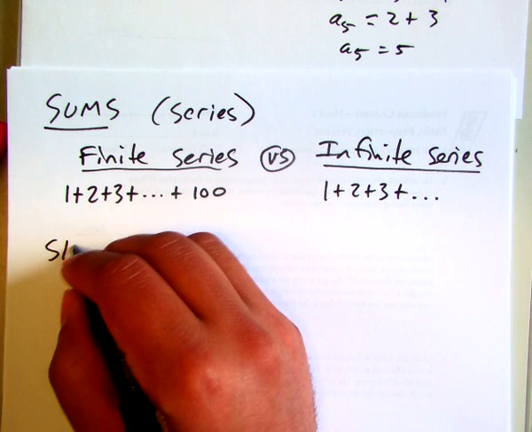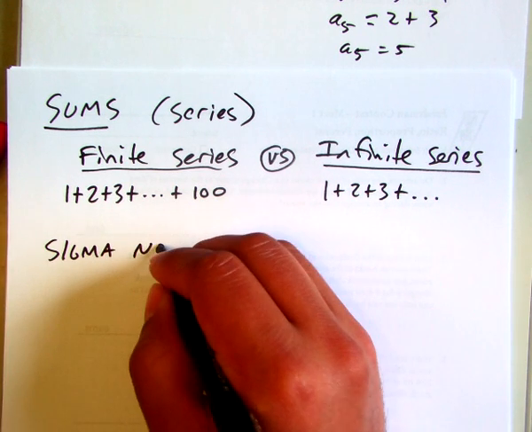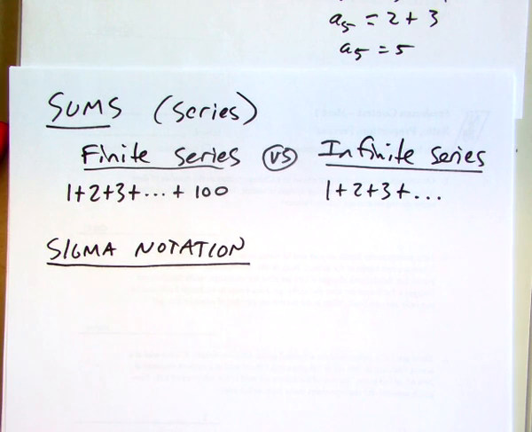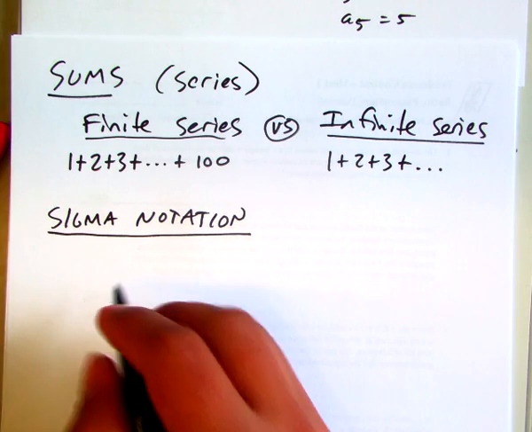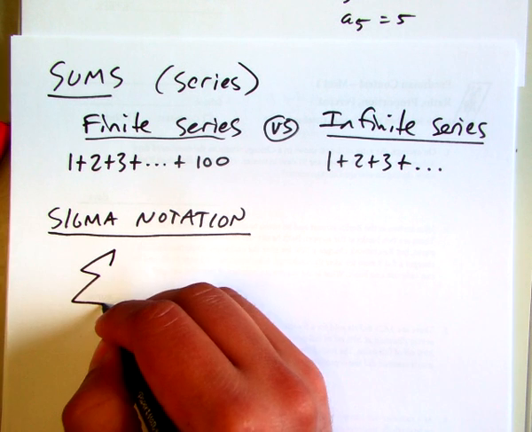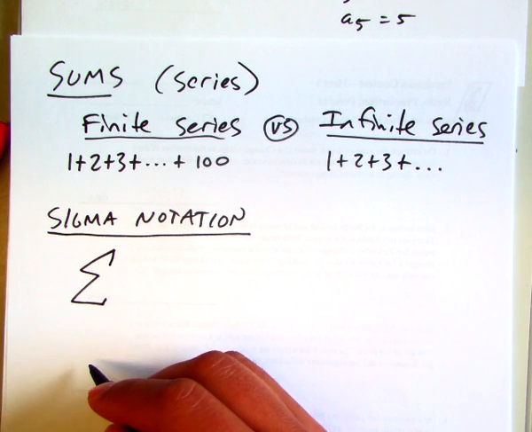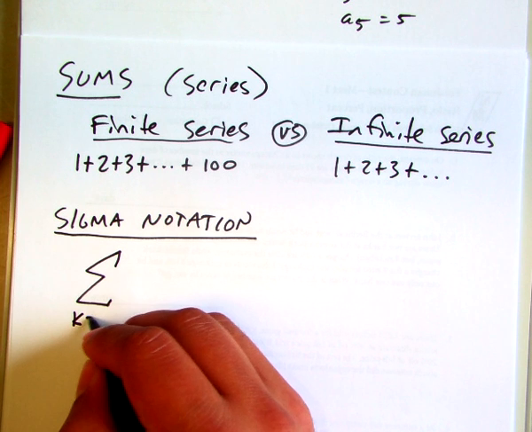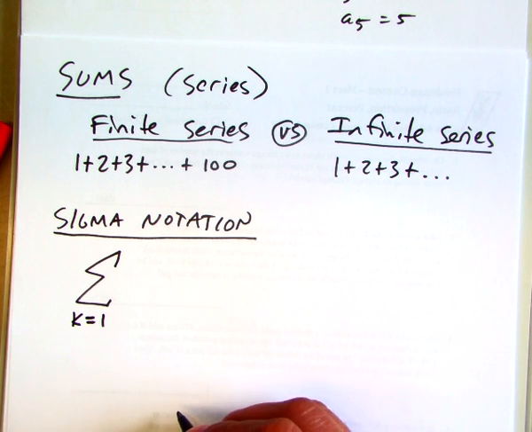Now, with that comes sigma notation. The Greek letter sigma is actually what we use to indicate that we're doing a sum or a series, and it looks something like this. Okay, so here's what sigma looks like. On the bottom, you'll have a variable and a starting value. So I'll use k equal to 1.